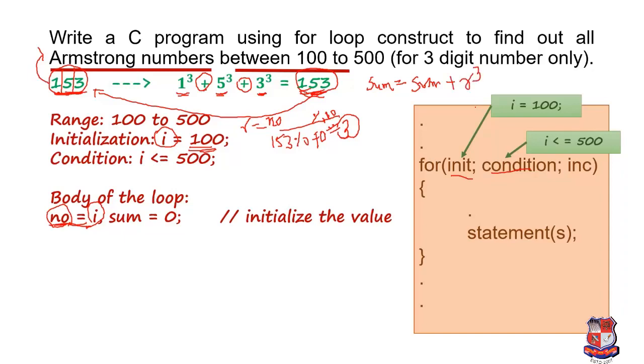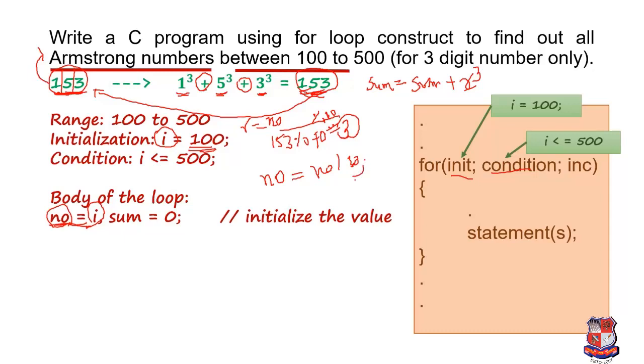So in every iteration we have to find the remainder, do the cube of the remainder, and then add it into the sum variable. Now for the next iteration we have to update the value of number. For that we write number equals number divided by 10, same as reverse number.